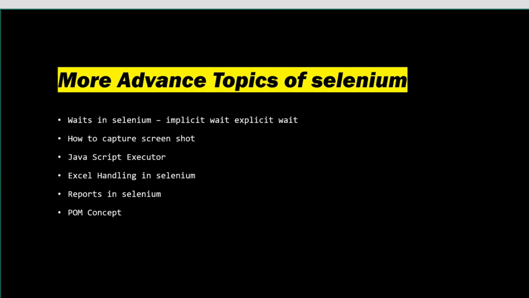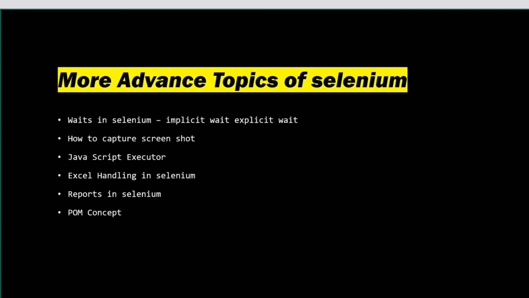What is the JavaScript executor? Simple thing: what language is used to make a browser? JavaScript. So the things you are covering, like how you handle the input box, the check box, the radio button, can be covered by the JavaScript executor.